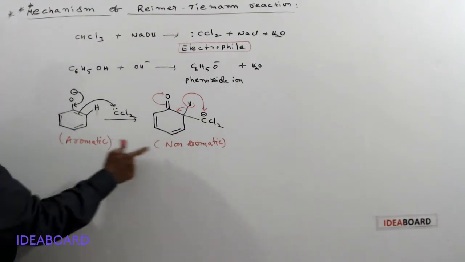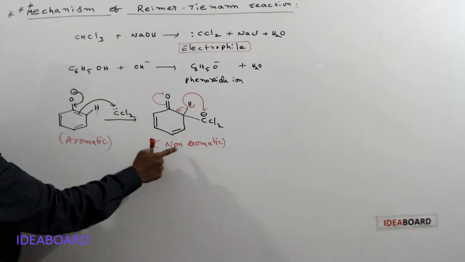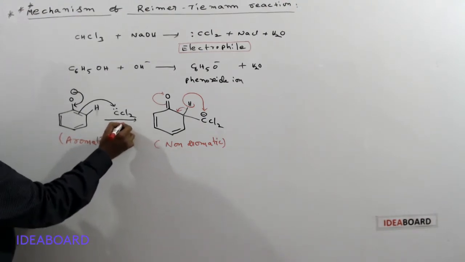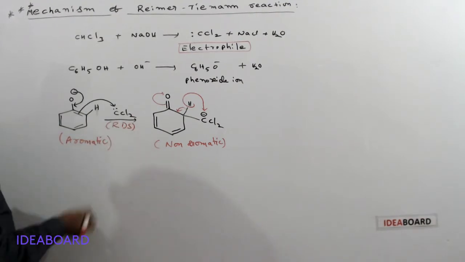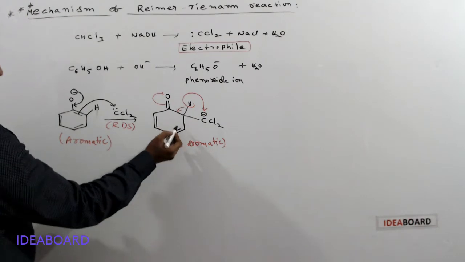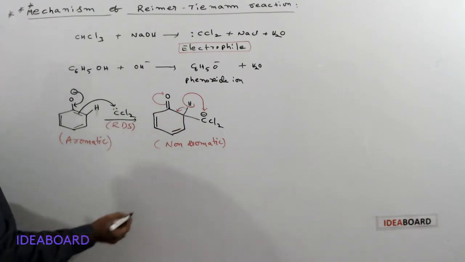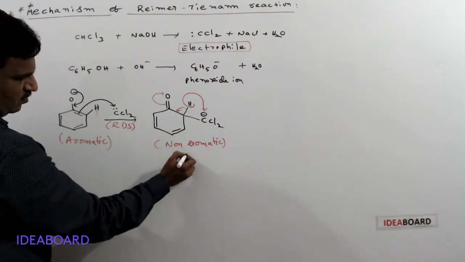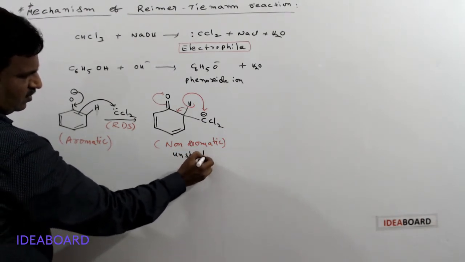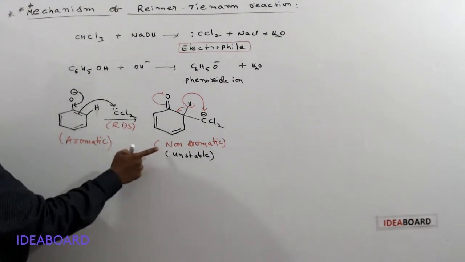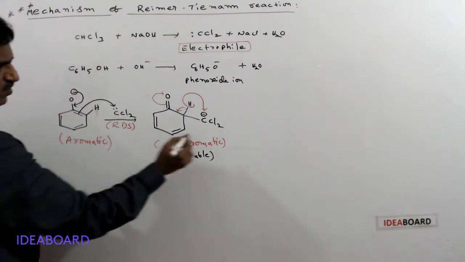When compared with this, the non-aromatic is less stable than aromatic, and this is also called as a rate determining step. In the non-aromatic nature to aromatic nature, it will try to convert because it is unstable. Immediately it tries to convert. Please remember, compared with this, it is unstable.